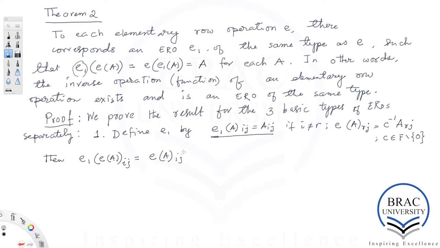In this case, we just replaced A with E of A. So E of Aij, by this definition, is A of Ij if I is not equal to R. And using this part of the definition of E1, we see that E1 of E of A Rj, here we are taking E of A for A, is going to be C inverse E of A Rj.